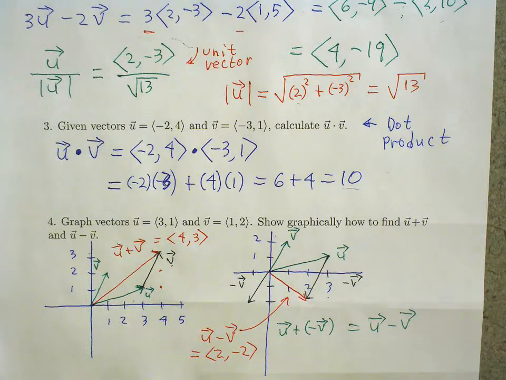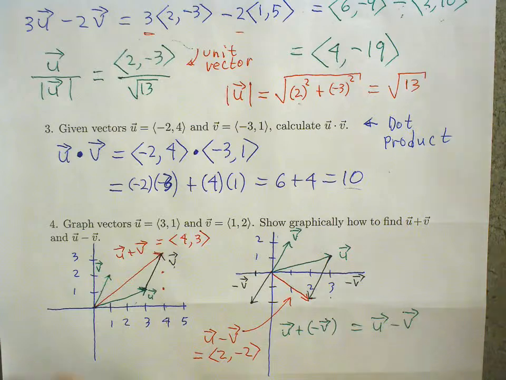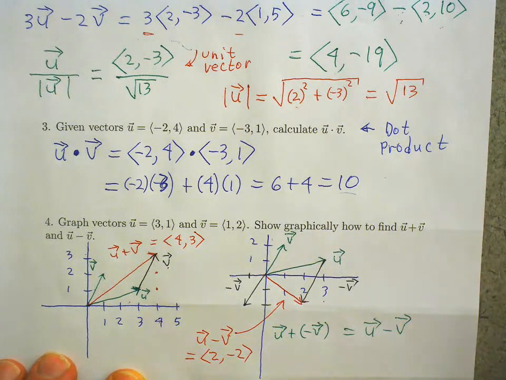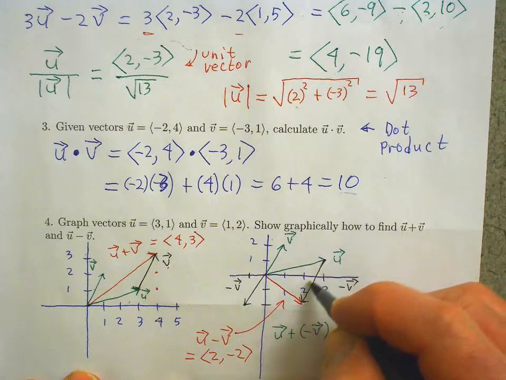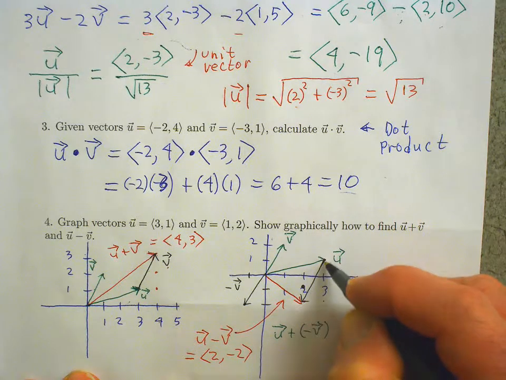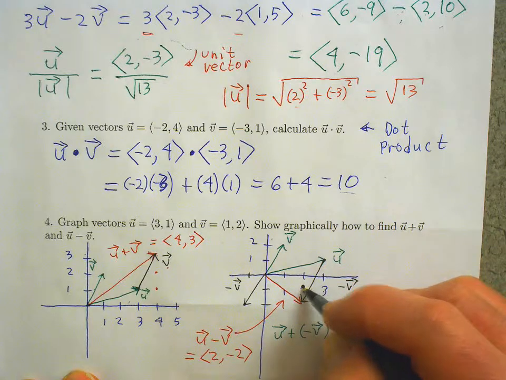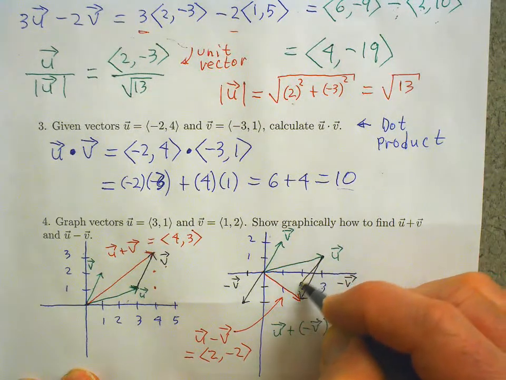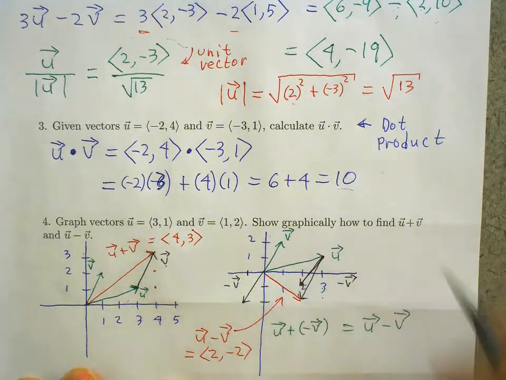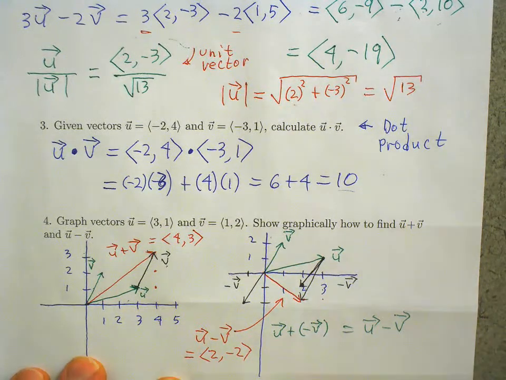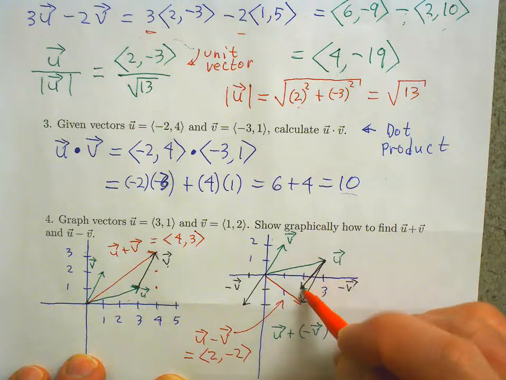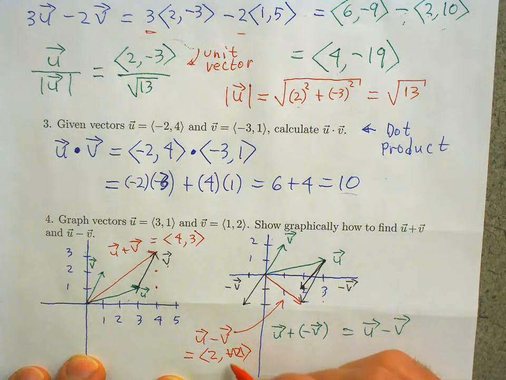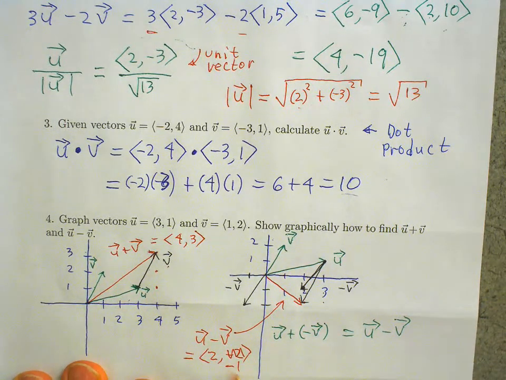So what did I do? Oh, I misdrew. So see, it's a good thing that we have ways to check our work. I go down 2 and not 3. So I made a bad mistake. So the component of this is 2, negative 1.